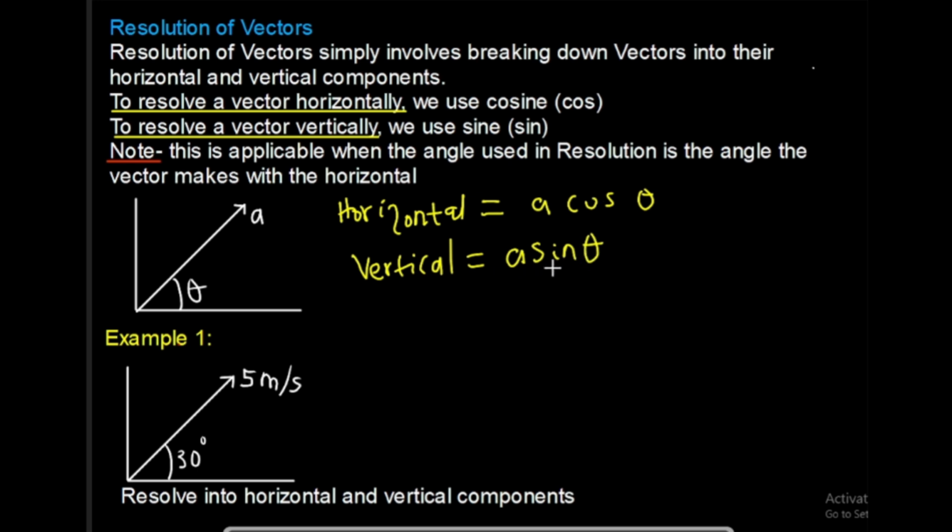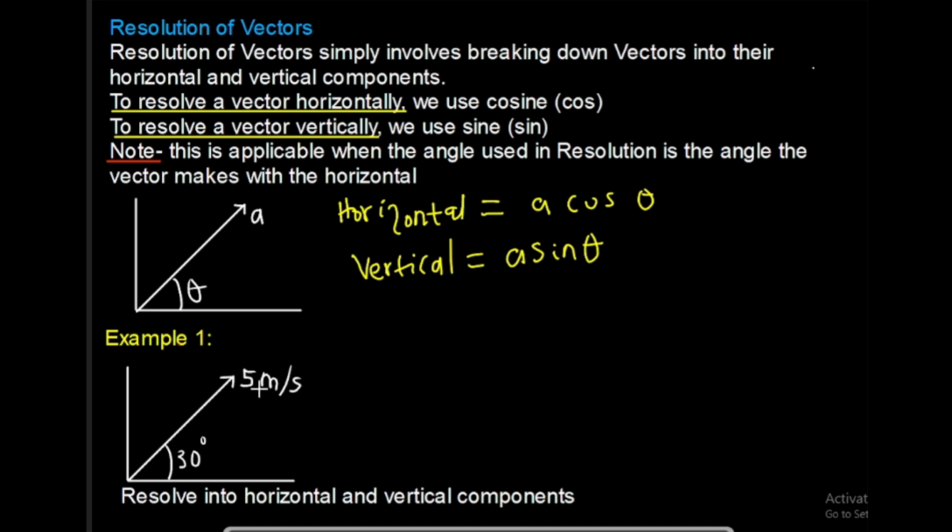Don't forget, for vertical resolution you use sine, and for horizontal resolution you use cos. We use cos here because we are resolving horizontally, and sine here because we are resolving vertically. Please take note, for both of them we use the angle with the horizontal for this method. So this is the formula for horizontal resolution, and this is the formula for vertical resolution.